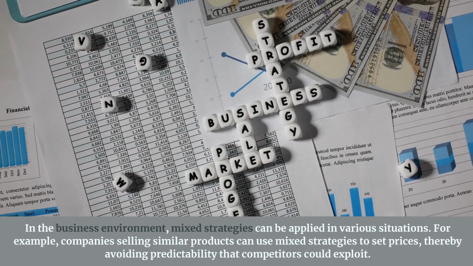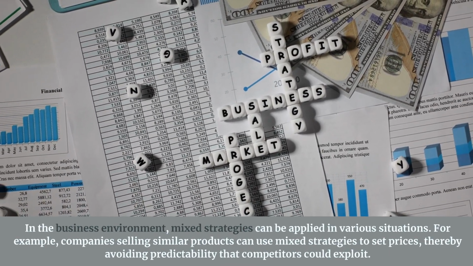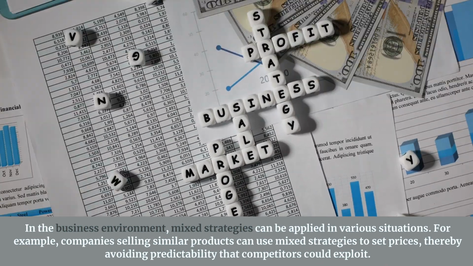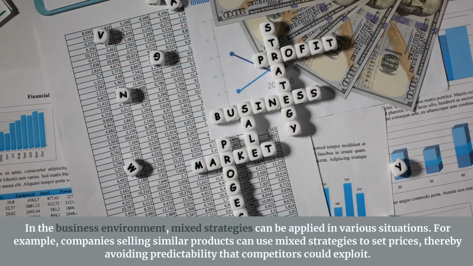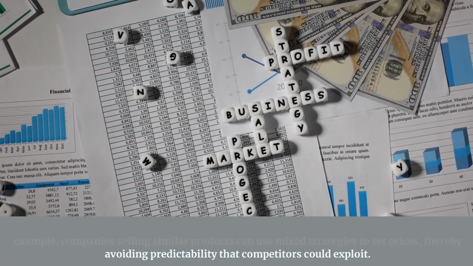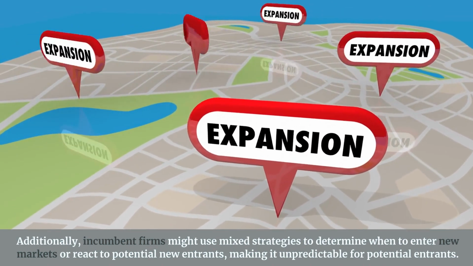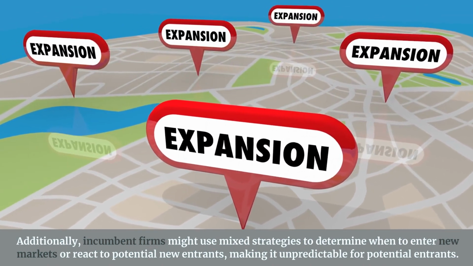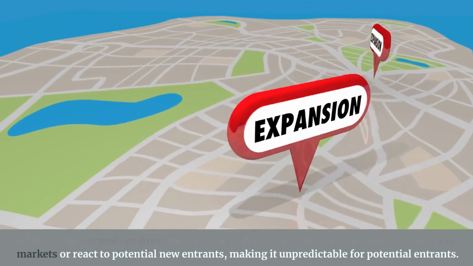In the business environment, mixed strategies can be applied in various situations. For example, companies selling similar products can use mixed strategies to set prices, thereby avoiding predictability that competitors could exploit. Additionally, incumbent firms might use mixed strategies to determine when to enter new markets or react to potential new entrants, making it unpredictable for potential entrants.